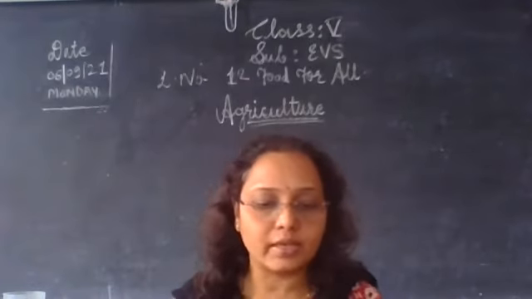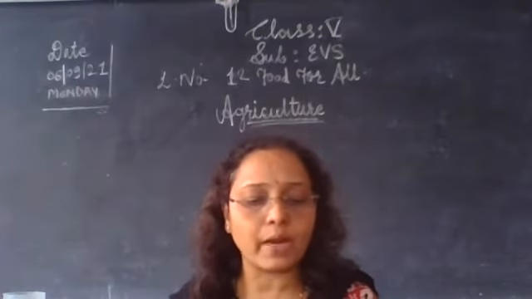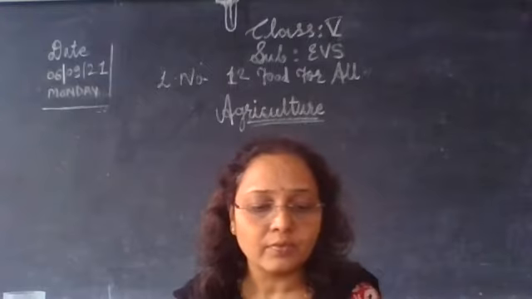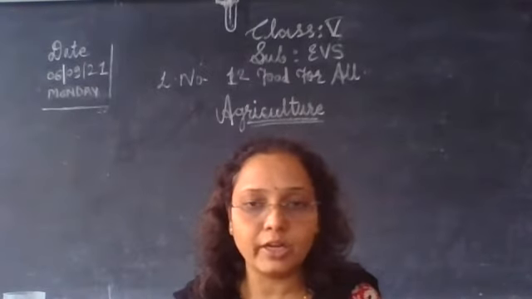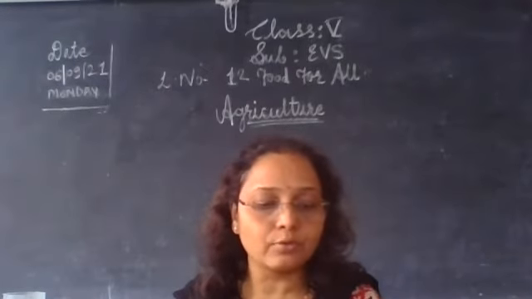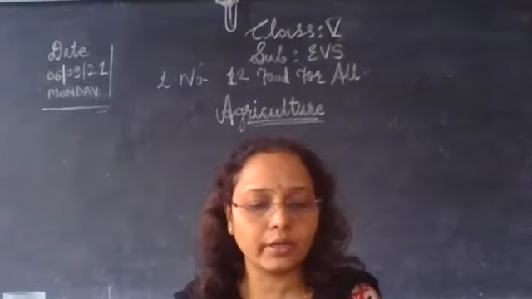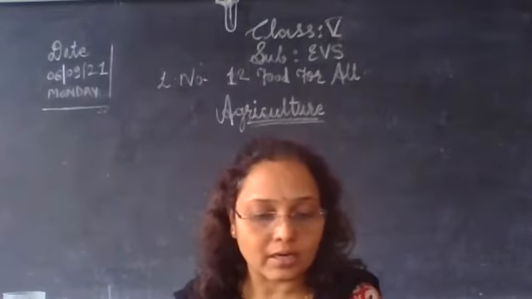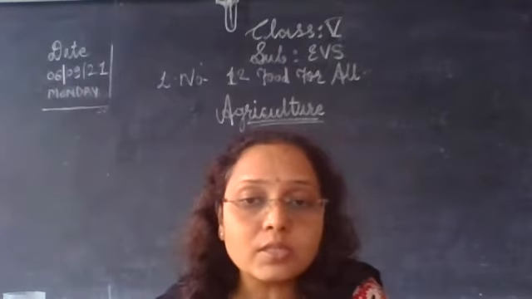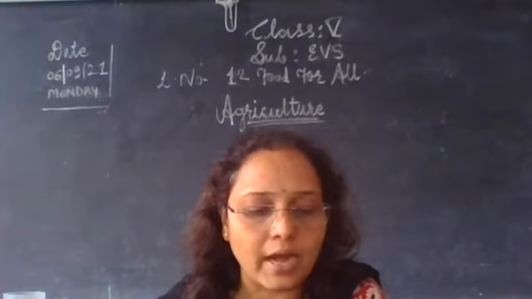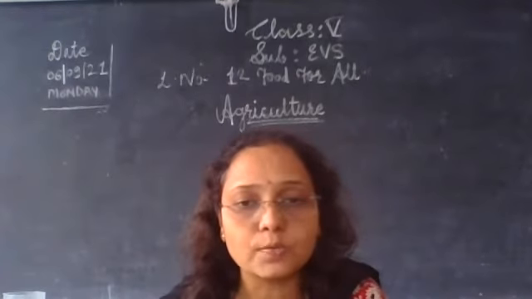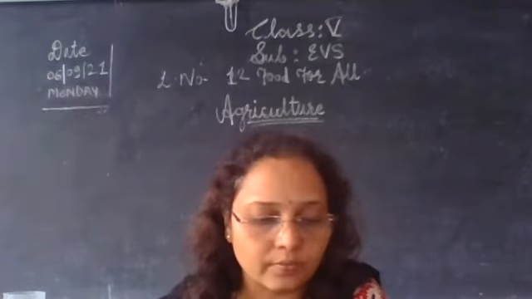We get food from plants. For that purpose, we sow grains in a field and plant fruit trees in orchards. About 60% of the land of our country is in use for agriculture.